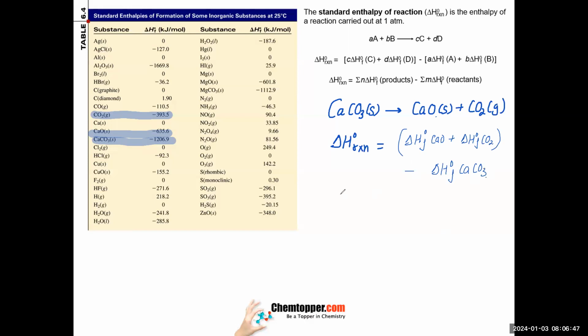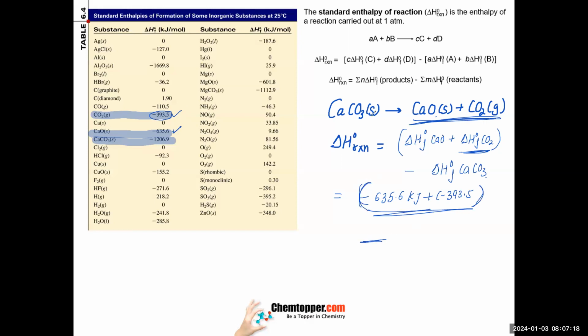Plug in the values. What is the delta H naught formation of CaO? This value, minus 635.6 kilojoules. What's the delta H naught formation of CO2? This one, also minus: plus minus 393.5. So this is the summation of the products. Put it in parentheses.